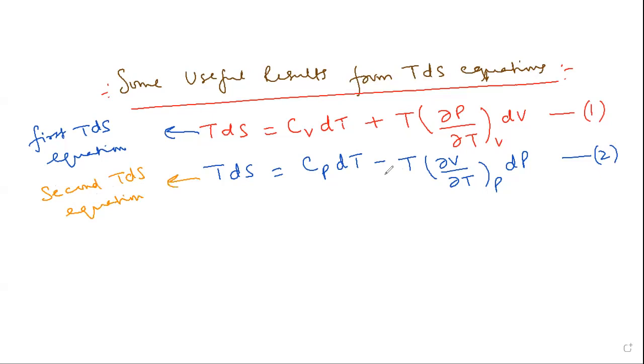You know the symbols. Cv is heat capacity at constant volume, S is entropy, T is absolute temperature, P is pressure, V is volume, Cp is heat capacity at constant pressure, right?